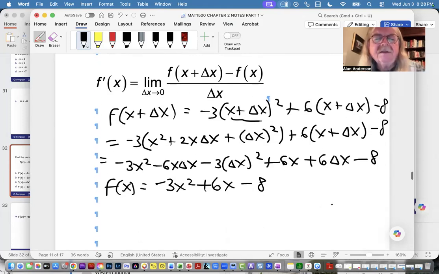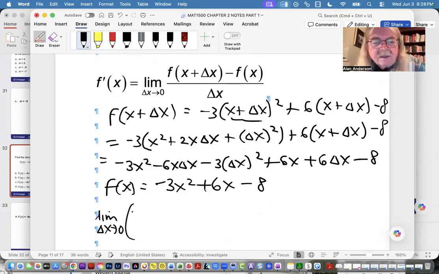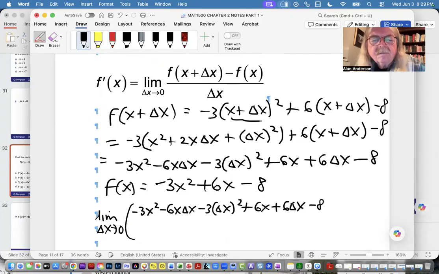So the numerator of this expression is, well, it's going to be a tight squeeze, let me tell you. Oh, I just barely made it.